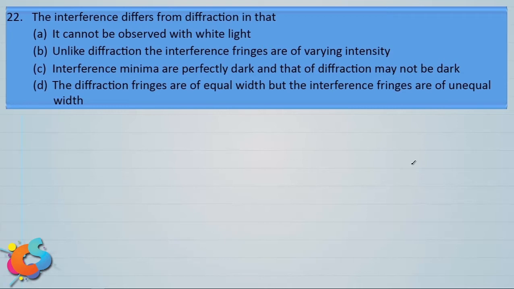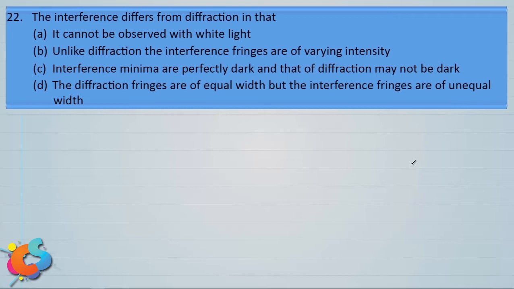D. The diffraction fringes are of equal width but interference fringes are of unequal width. So now let's select those wrong statements and we'll eliminate them first, and we'll just try to correct those wrong statements also while getting the correct answer.